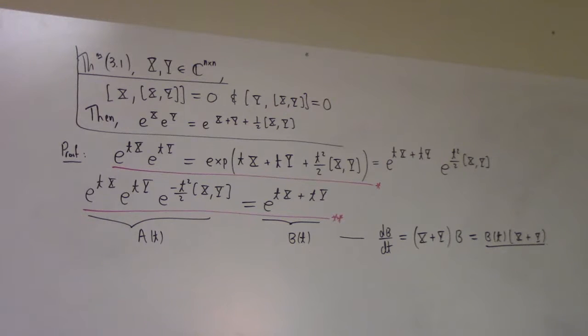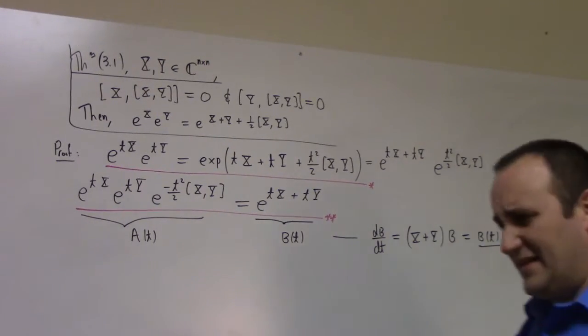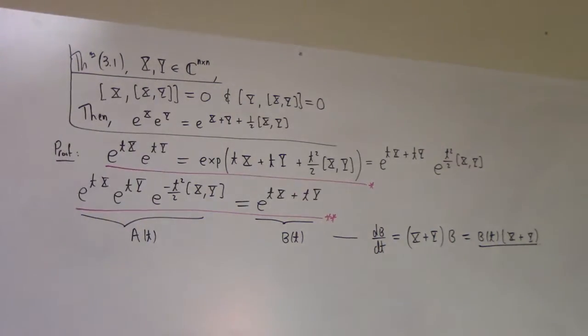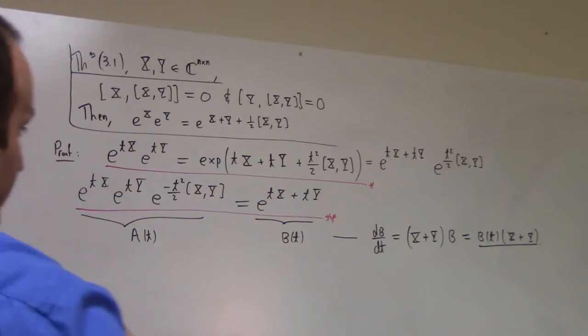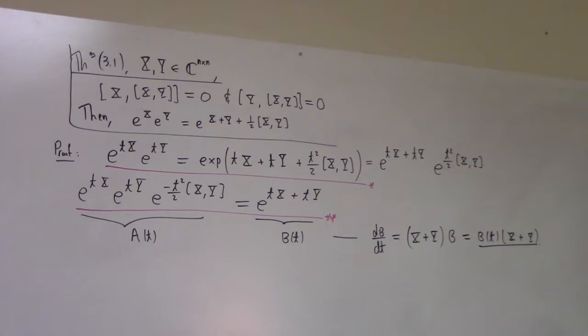When you're differentiating the exponential, you can bring the chain rule either to the left or to the right. It's an identity. So that's a differential equation that B satisfies, where x and y are fixed.